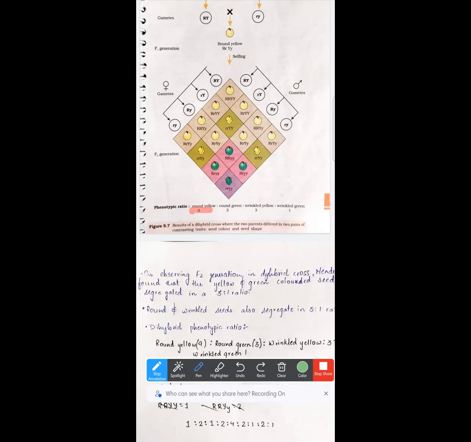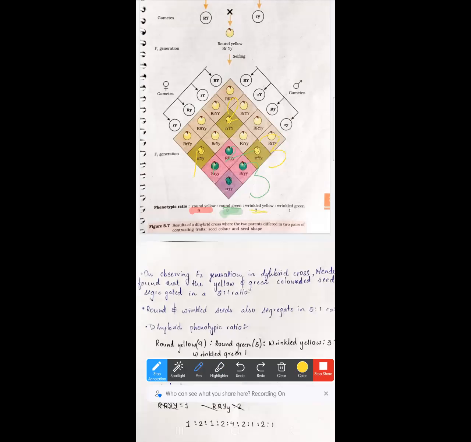In case of round green, there will be 1, 2, 3. So the ratio will be 3. And in case of wrinkled yellow, there will be 1, 2, 3.